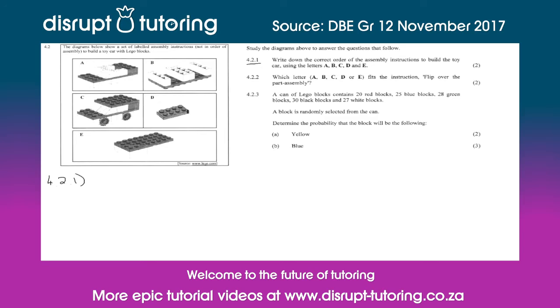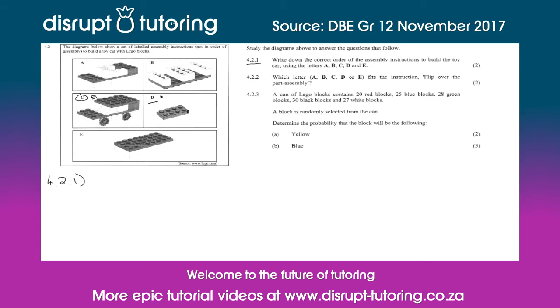So we can see here that the finished product is obviously C, because you can see it's a nice car. And this I would say is probably step 5. To start off is step 1, which is D. So I see that it's just the beginning block.